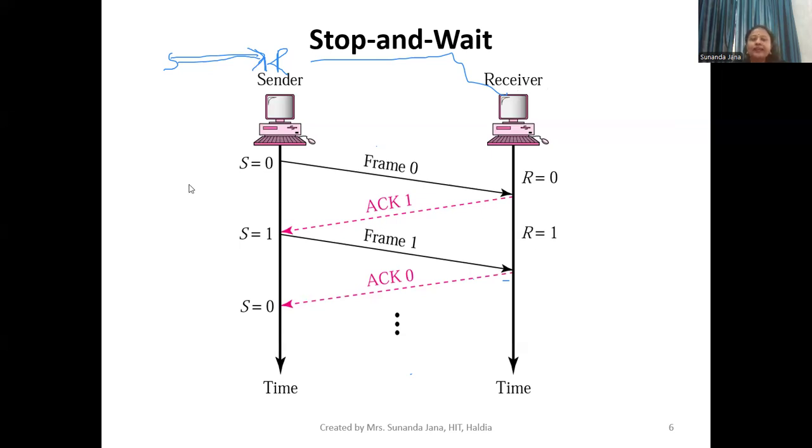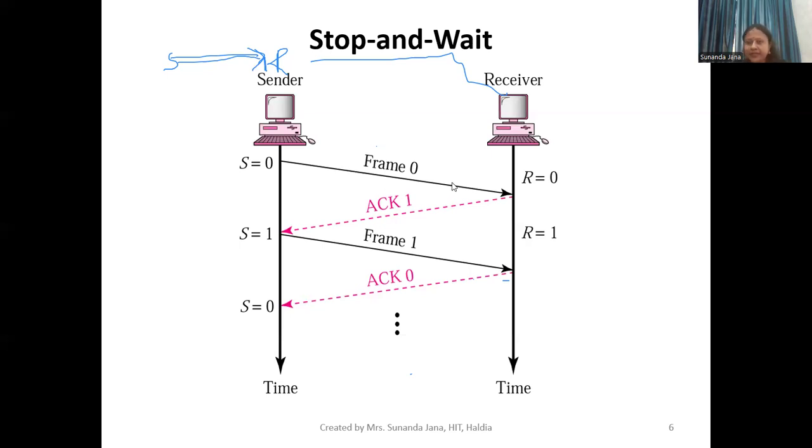Here the sender's data frame numbers and acknowledgement numbers are given, to identify which frame was sent and which acknowledgement was sent. The rule we follow is this: suppose the sender is sending frame number 0.